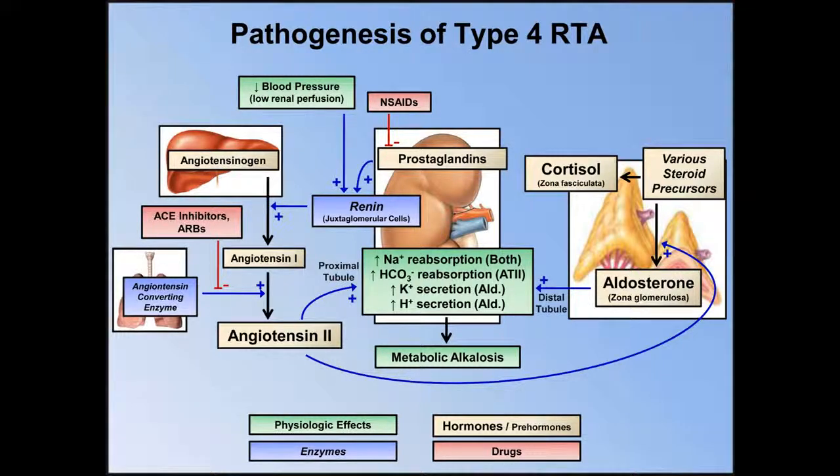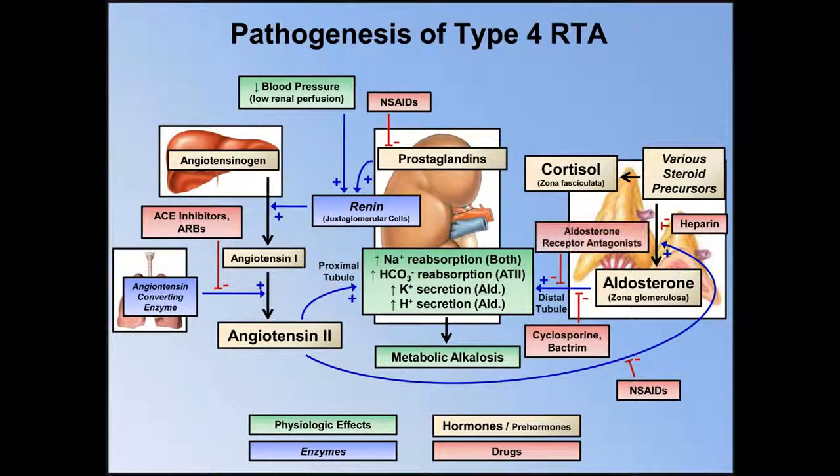They also block the effect of angiotensin 2 on aldosterone production. Heparin, even as little as the doses used for DVT prophylaxis, can interfere with the production of aldosterone by its direct toxic effects on the cells of the zona glomerulosa. Cyclosporine and Bactrim both interfere with aldosterone's effect on the distal tubule, as do, of course, aldosterone receptor antagonists such as spironolactone.